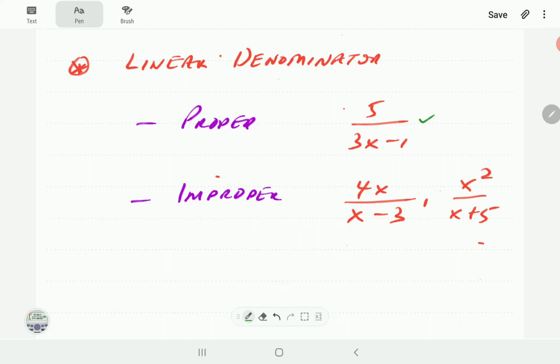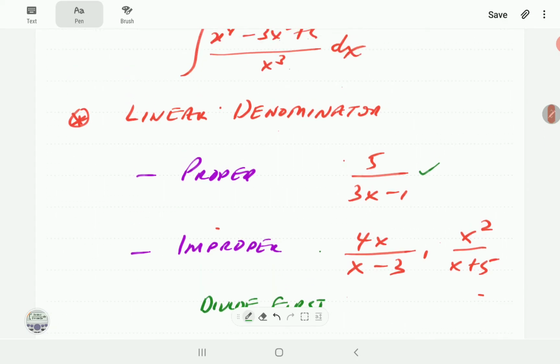For this case, we are going to introduce a formula that is going to help us to integrate. For the improper situation, we are going to divide first. We're going to divide using either synthetic division or long division.